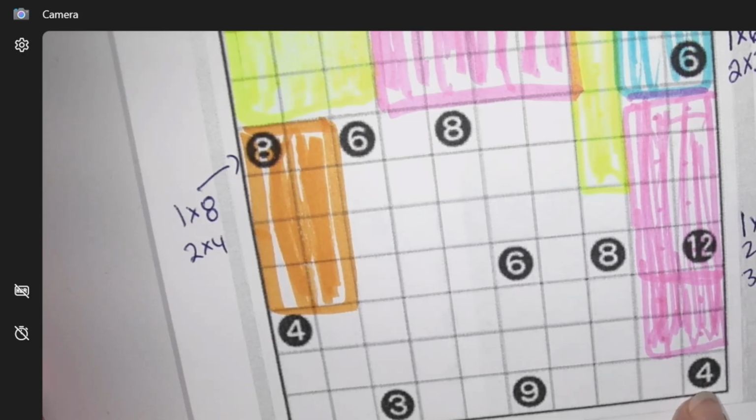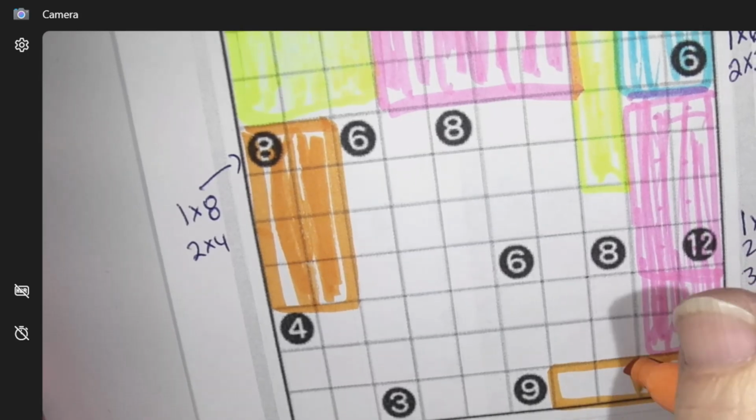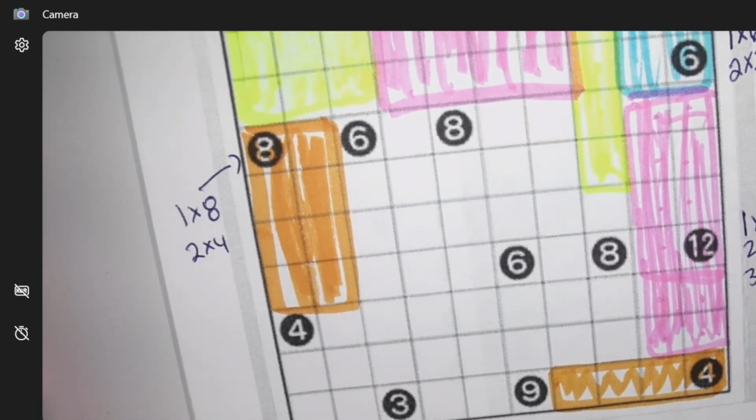Okay, I think we've concluded how we're going to do the 4 now because we ran out of space, right? A 1 by 4. That fits.